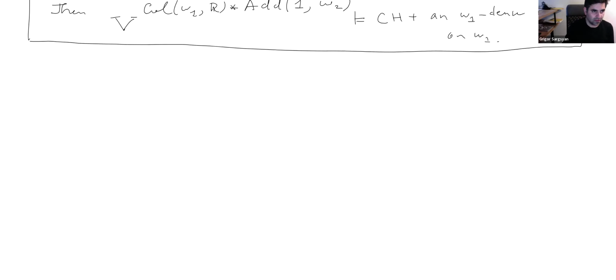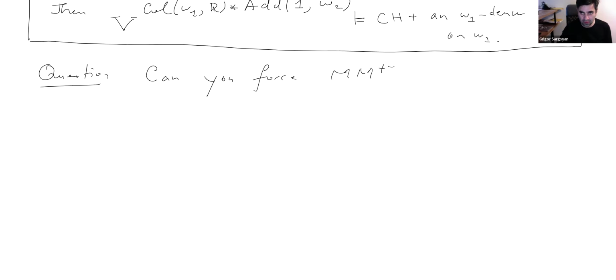This is the project, or the question, maybe that's a better way of saying it: can we force MM++ over a model of AD_R?